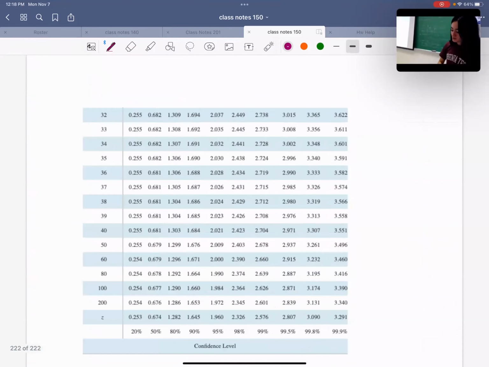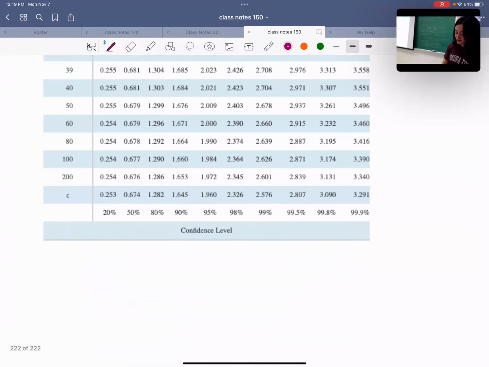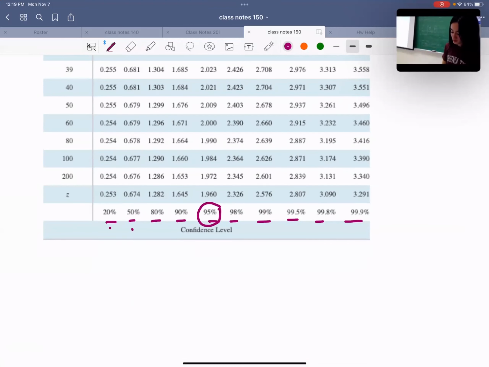Go to the very last page. On the very bottom, it says confidence level, and there's a bunch of different percentages here, right? So since we're dealing with a 95% confidence level, I'm going to look at the column that is the 95th percentage column. It looks like it's the 1, 2, 3, 4, 5th column.